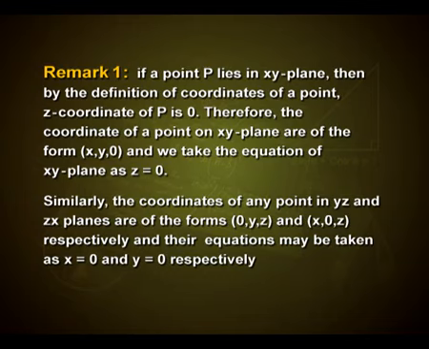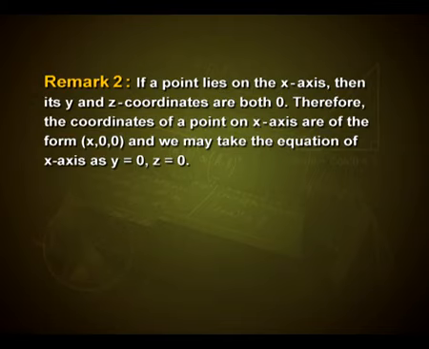and their equations may be taken as x = 0 and y = 0 respectively. If a point lies on the x axis, then its y and z coordinates are both 0. Therefore, the coordinates of a point on x axis are of the form (x, 0, 0), and we may take the equation of x axis as y = 0 and z = 0.